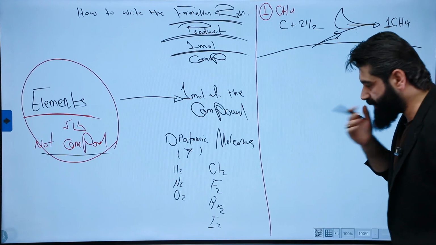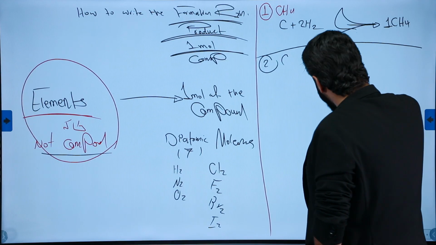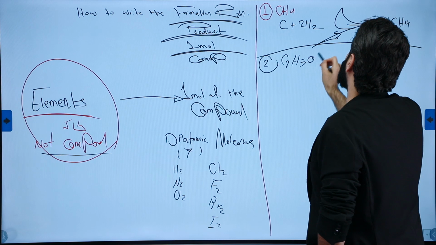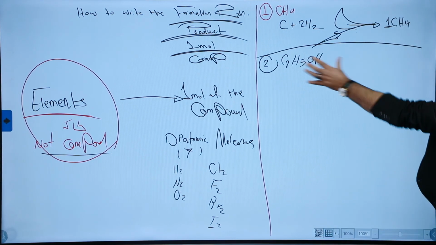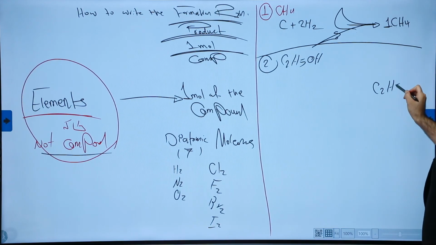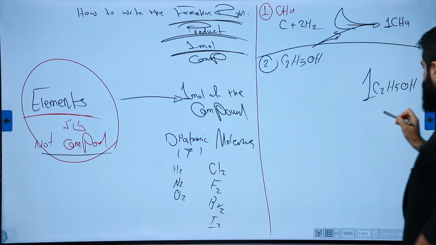Another one, the second one: C2H5OH, ethanol. Again, write 1 mole of the compound at the product side. C2H5OH, 1 mole. Never change this, please.